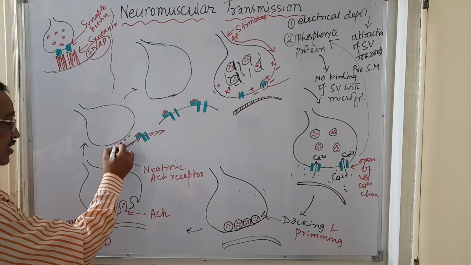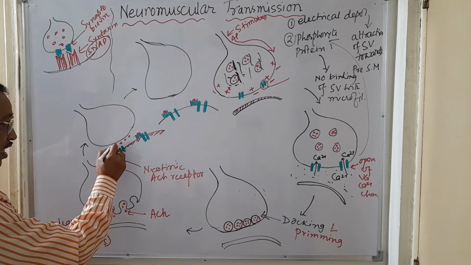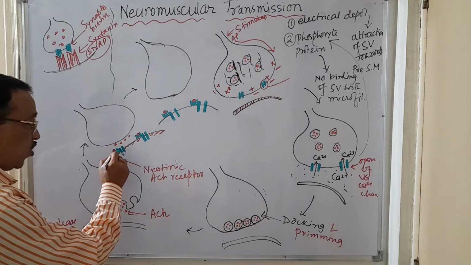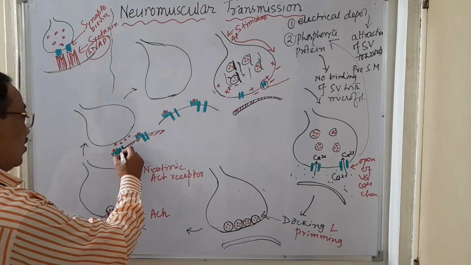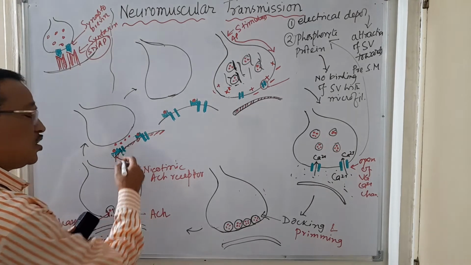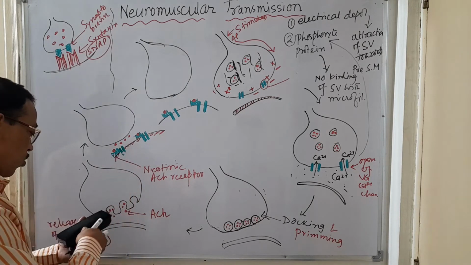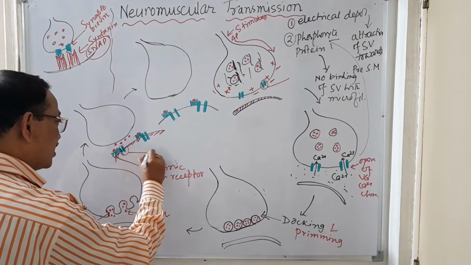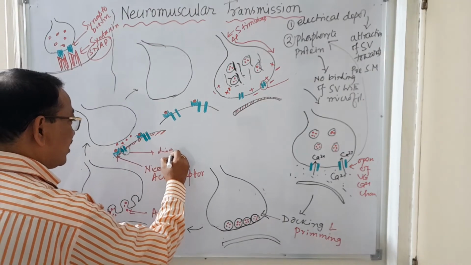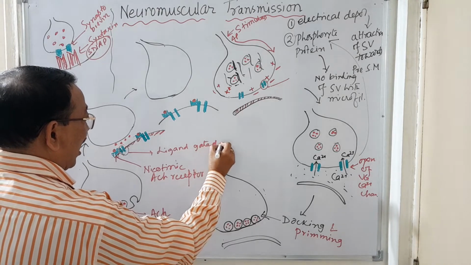So once the acetylcholine neurotransmitter binds with the nicotinic acetylcholine receptor, then what's happened? These receptors are present in association with some channel proteins, which are known as the ligand-gated ion channels.